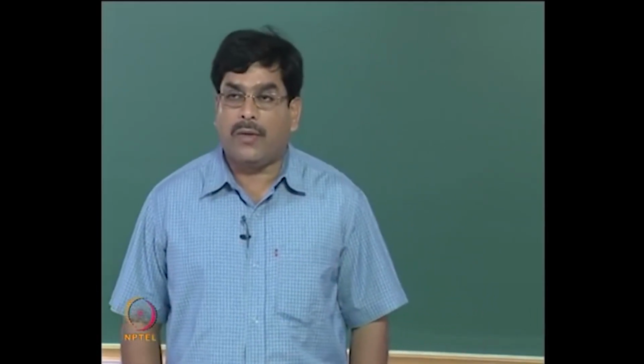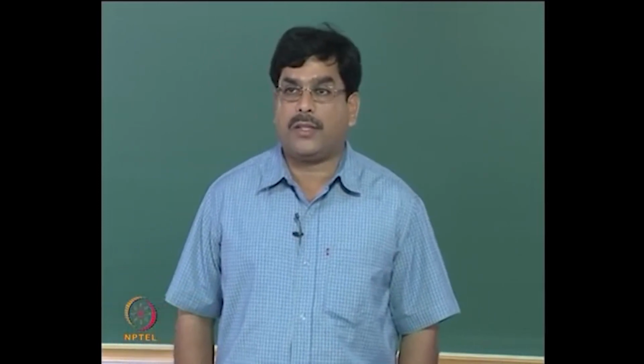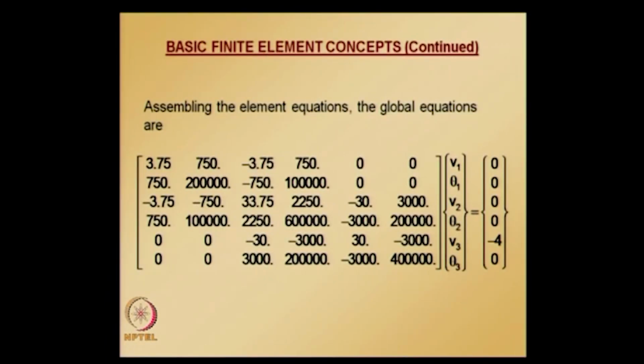So here, whatever element equations we derived, element 1 contribution went into rows and columns 1, 2, 3, 4, and element 2 contribution went into rows and columns 3, 4, 5, 6.